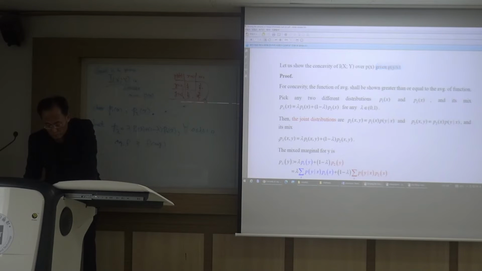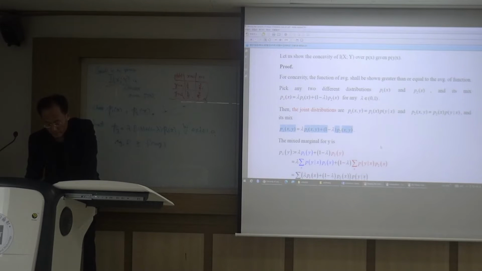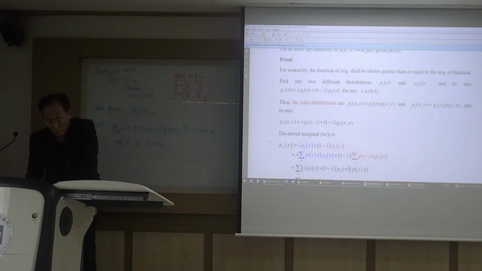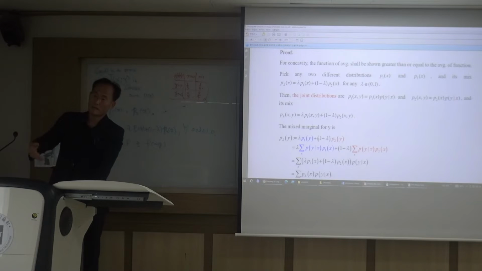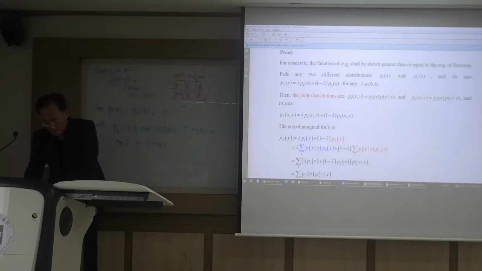And if you mix the 2 joint distributions, you obtain this, okay? All right, lambda times P1 x and y, plus 1 minus lambda times P2 x and y. And then how do you obtain the marginal? Obtaining the marginal from the joint distribution, we have done many times.